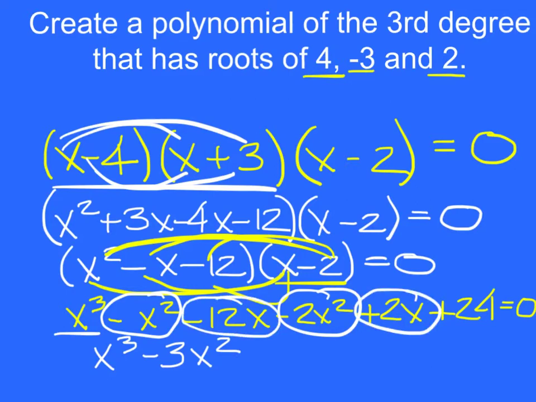Negative 12 plus 2 is what? So it's negative 10x, and then the 24 is just by itself. So this here at the bottom, x to the third minus 3x squared minus 10x plus 24 equals 0, is your answer. That's the polynomial that's going to give you the answers of 4, negative 3, and 2.